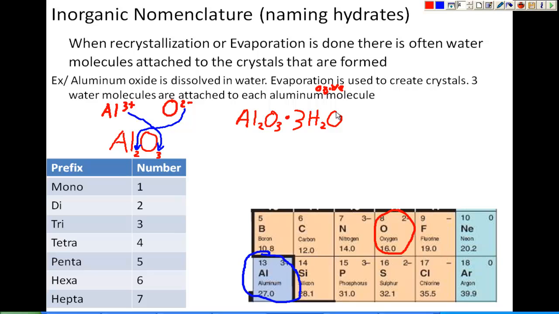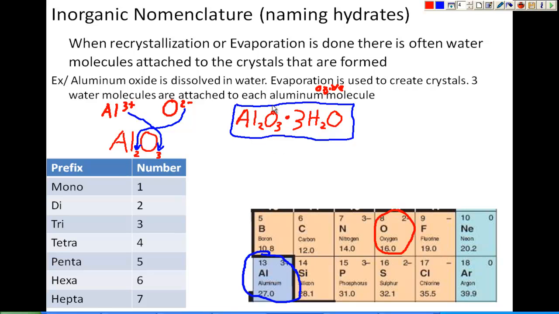And so this is how we write the formula for aluminum oxide with 3 water molecules attached to it. Okay, so that is the formula that we write. Okay, it's a big 3, not a little 3. And this means like multiply to, or means attached to it.